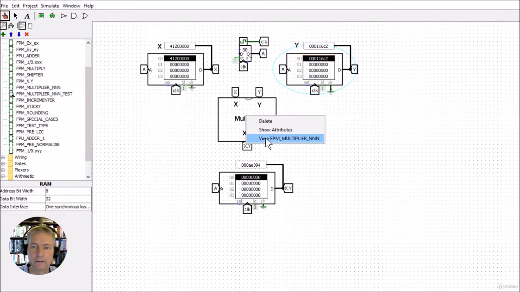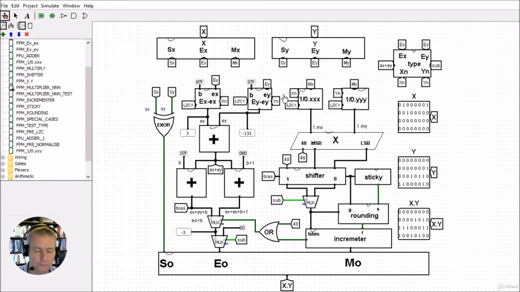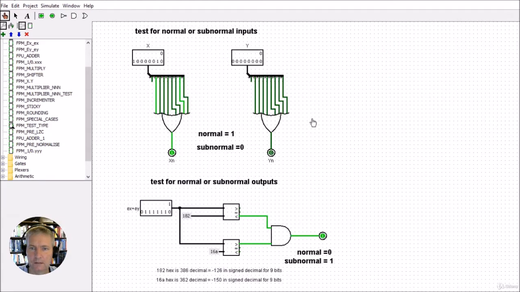Now if we head back down into the section here, we know that we're first starting off in this type position here, and we can see here that the x value is going to be a normal, the y value is going to be a subnormal, and the output is going to be a value of 1, which is a subnormal output, so we've got the right values here.